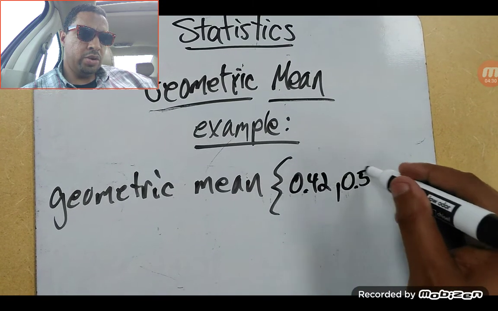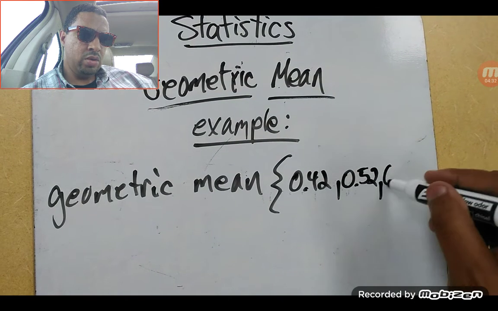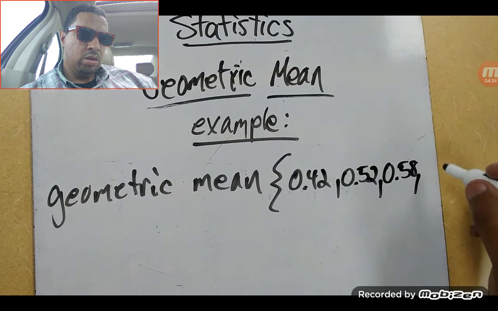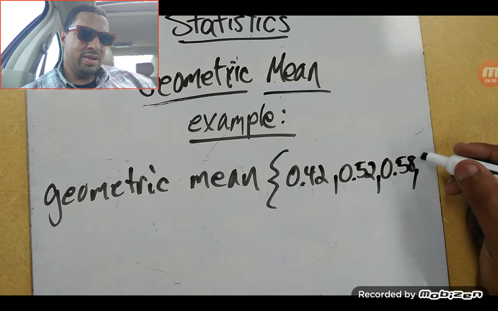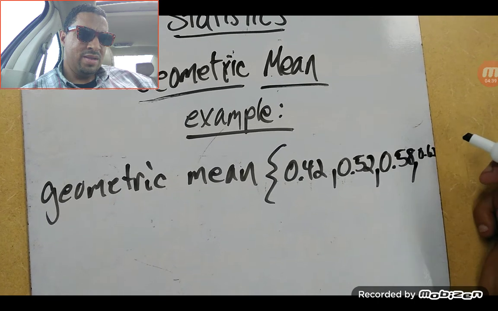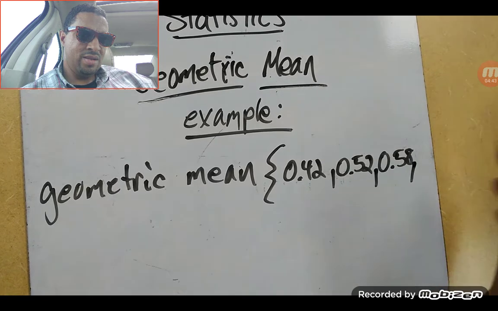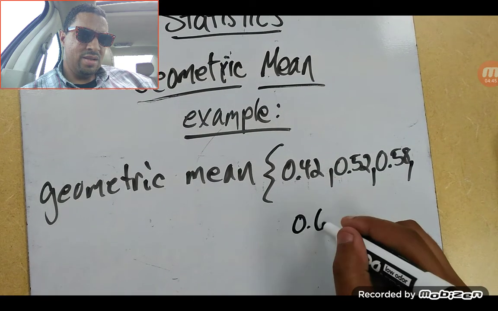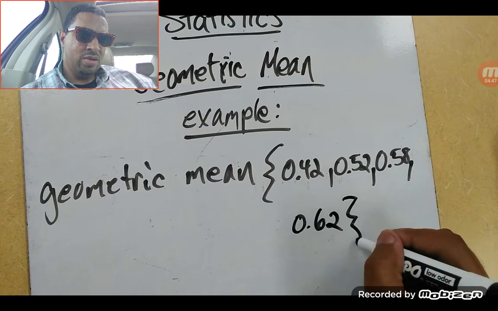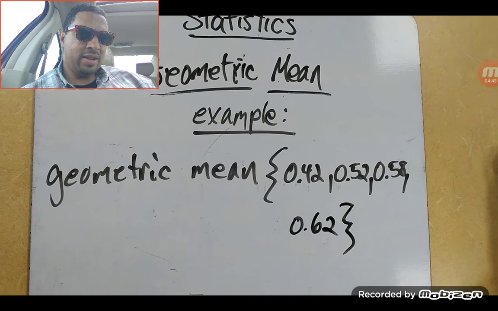These are all the values we have in the data set here.